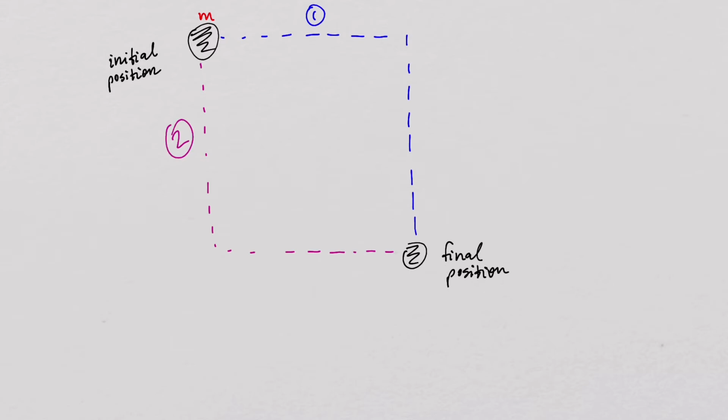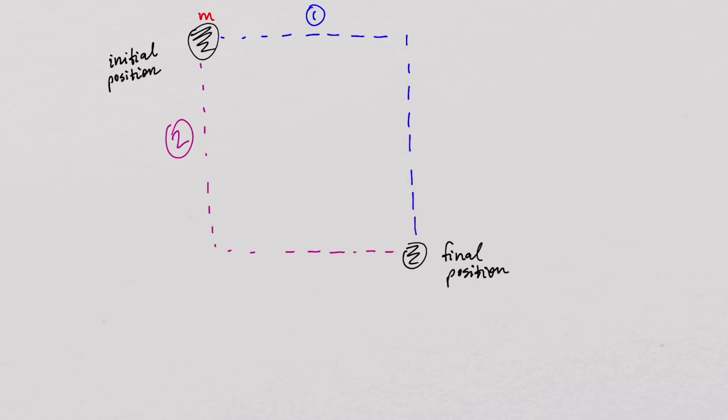When the object gets from the initial position to the final position along path number 1, the object initially moves horizontally that much distance. During that portion of the motion, the applied force and the gravitational force do no work on the object because they're perpendicular to the displacement. And then during that portion of the path, the gravitational force and the applied force will do work on this object.